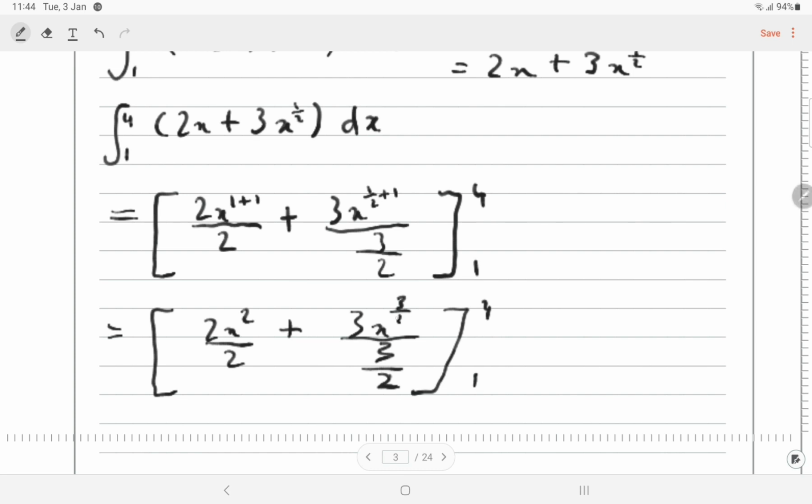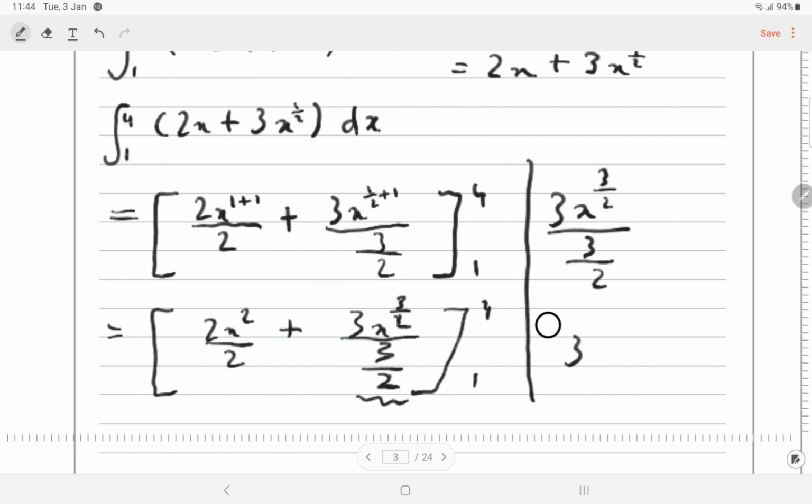Let's rewrite this big chunk over here. So let's draw a line here. 3x to the power 3 over 2 divided by 3 over 2 is equal to 3x to the power 3 over 2 times 2 over 3.